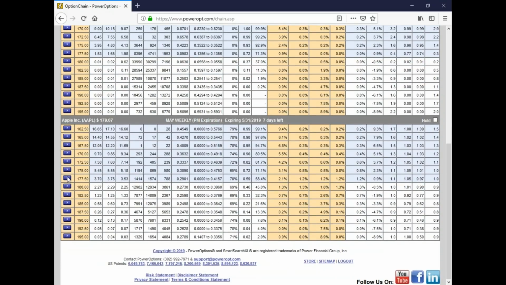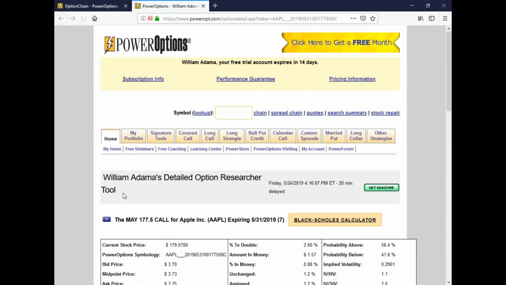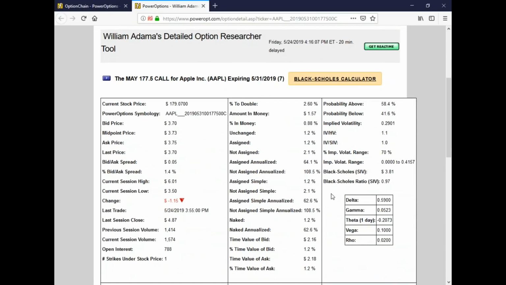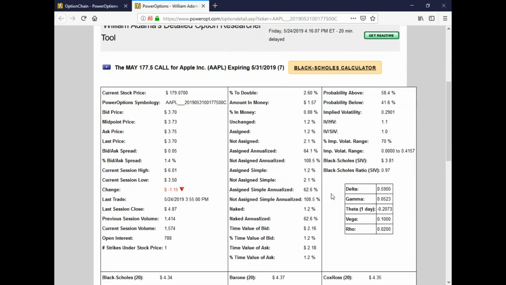We'll just go with the 177.50. So anytime you come across an option on a search by symbol from the option chain or even from your portfolio, go to research and go to call research. Okay, this gives you all of the data that we have for that particular call or that particular put option.